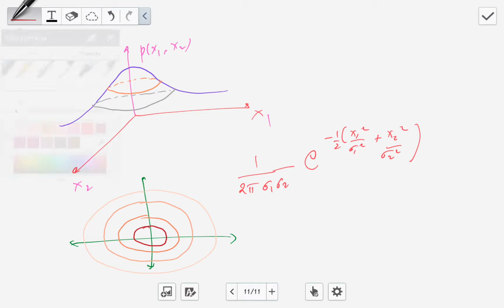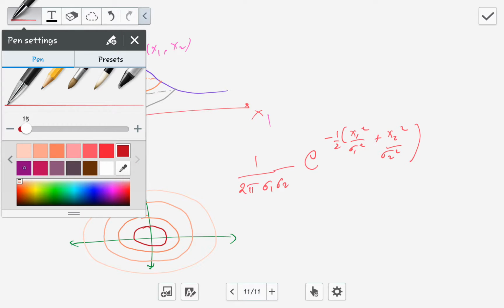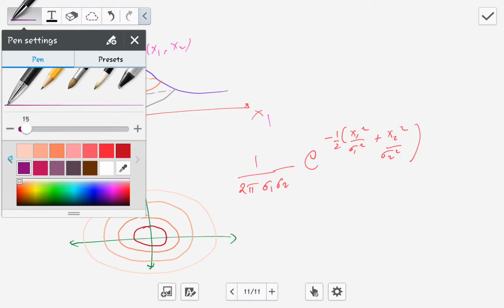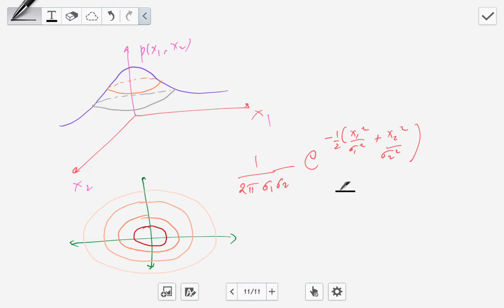Now, if I am doing an experiment and if I am picking data from this, so this is your x1, say this is your x2.